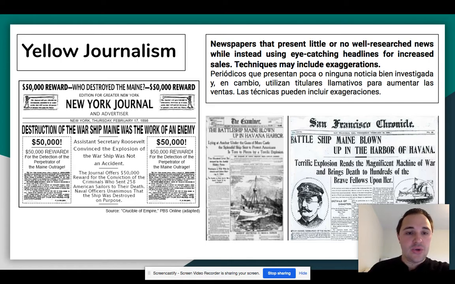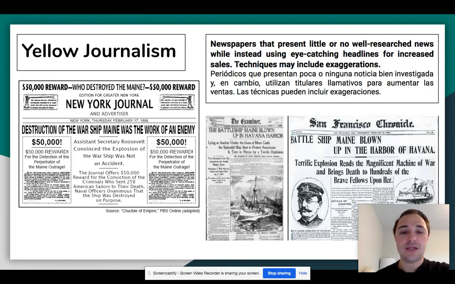So I did include some examples of yellow journalism during this time. So it really was the influence of yellow journalism that more or less convinced the Americans that we should go to war with Spain. Now, on my next slide, I'm going to talk about what Spain did to the United States, but it was exaggerated.